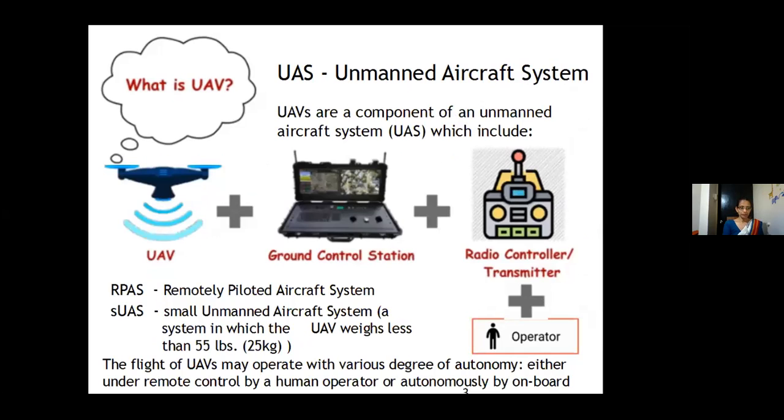Okay. The other popular term in this domain is the UAS, that is unmanned aircraft system. The term UAV is used to describe the aircraft itself, whereas the term UAS is generally used to describe the entire operating equipment, including the aircraft.